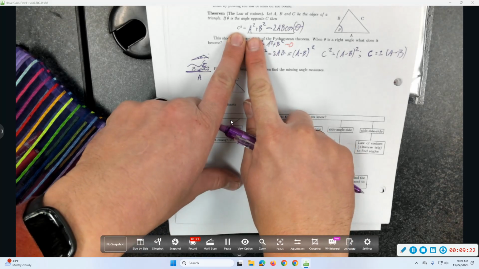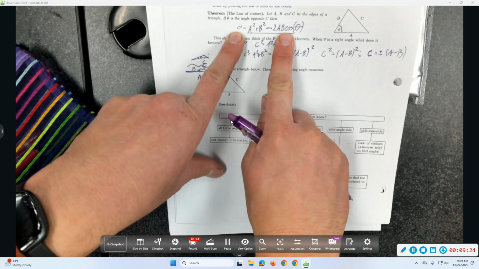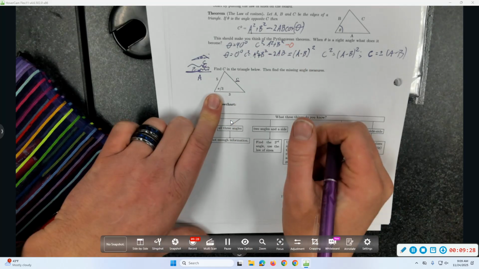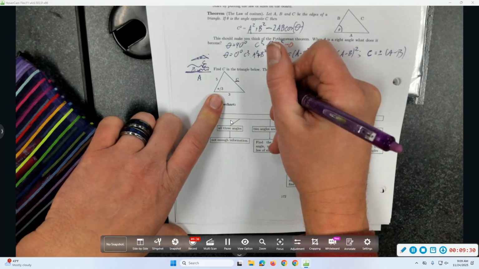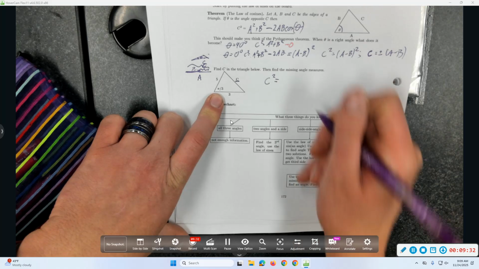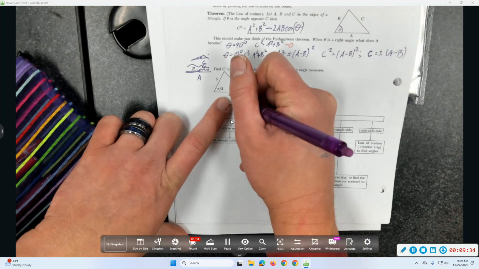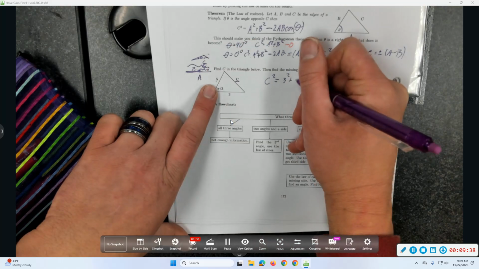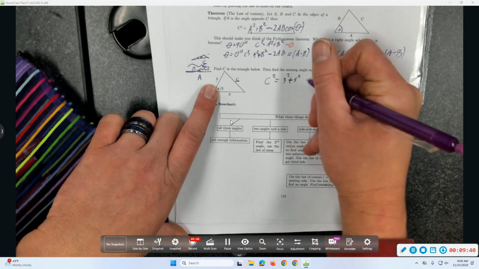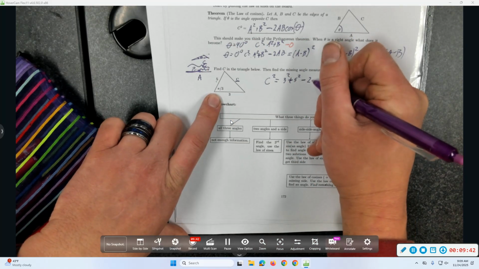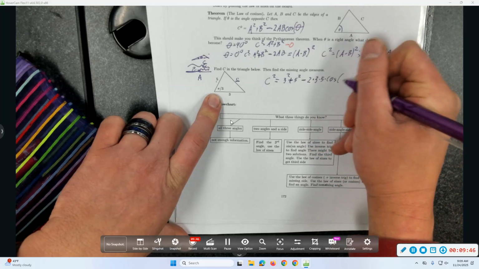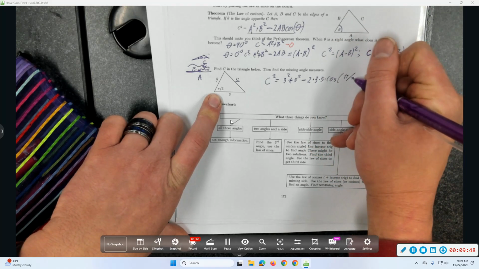So, the law of cosines says this. C squared equals A squared plus B squared minus 2AB cosine theta. Well, there's a side. It's called C. It doesn't matter what it's called. C squared equals A squared, 3 squared, plus 5 squared, minus 2 times 3 times 5 times the cosine of pi over 3.